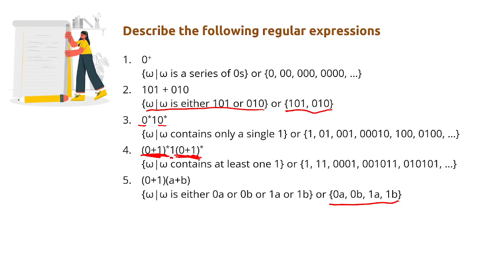So, how did we arrive with that? Okay, so remember, mura siya Cartesian product or cross product. Yeah, so 0a, 0b, 1a, and then 1b. See.